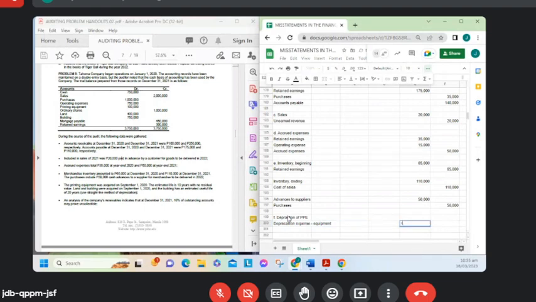So that's 100,000 pesos divided by 10. So that's for 2021. No, there is an adjustment on depreciation expense amounting to 10,000 pesos. Retained earnings, depreciation expense na rin muna ng building.